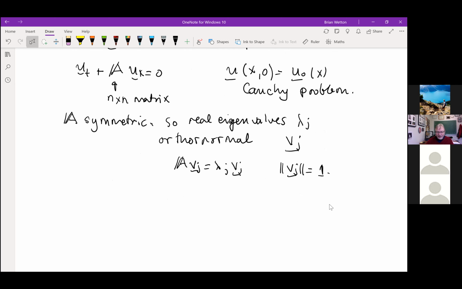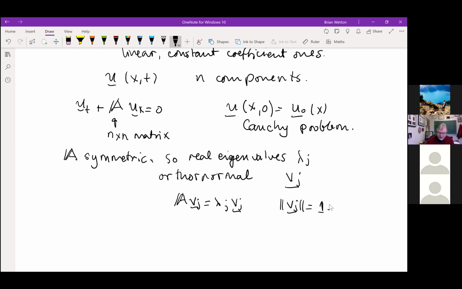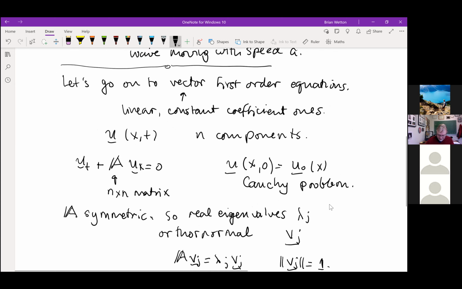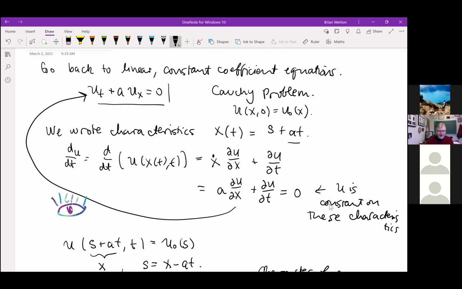Now I'm going to write out what happens, and we've looked at these kinds of eigen decompositions before. I'm going to do it a little bit quickly, but let me at least give you the flavor. This vector u, at every point of x and t, you can write in terms of its eigen coordinates, and the coefficients of those coordinates are going to have equations that look exactly like our first order equation where A is lambda_j.